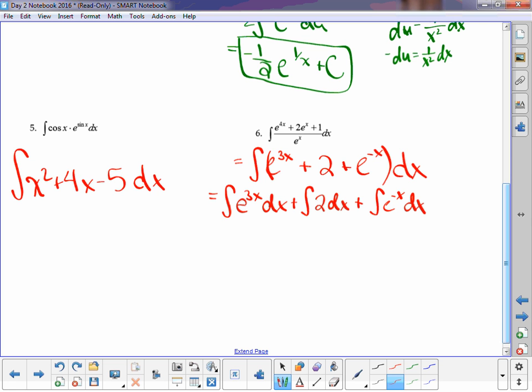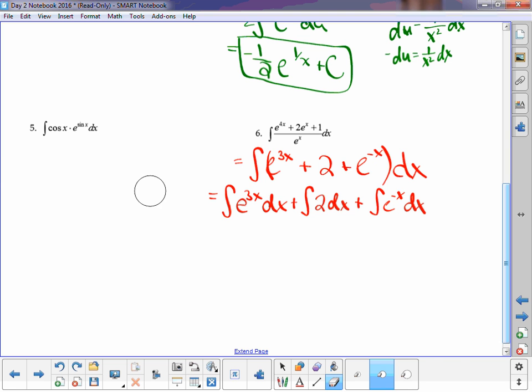That's all that we're doing here. So if you're able to mentally go ahead and figure out your antiderivatives for each of those, then you're done. But for those of us that can only do so much of that in our head, break it up into each piece. So now if I take a look at this one, what would my u need to be for that? 3x. And my du is 3 dx.